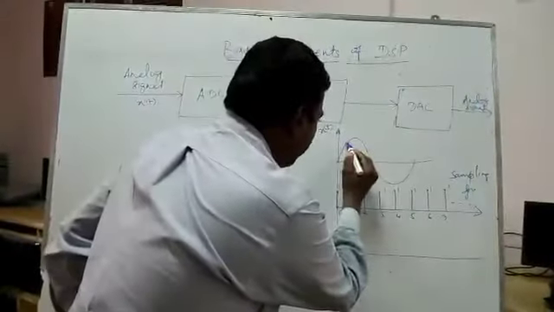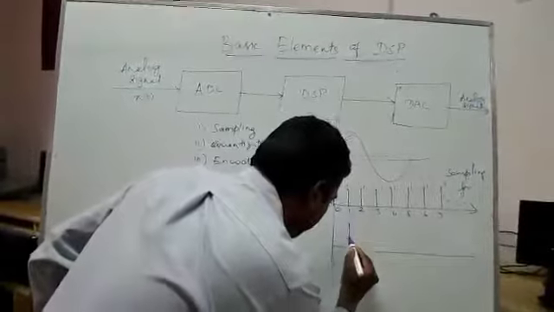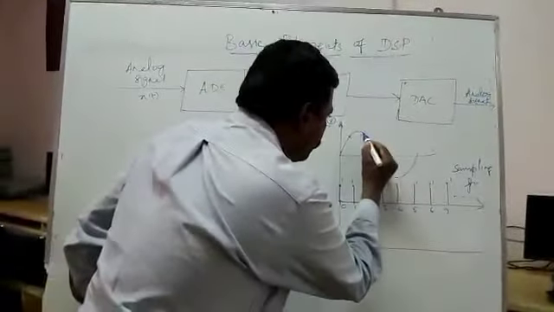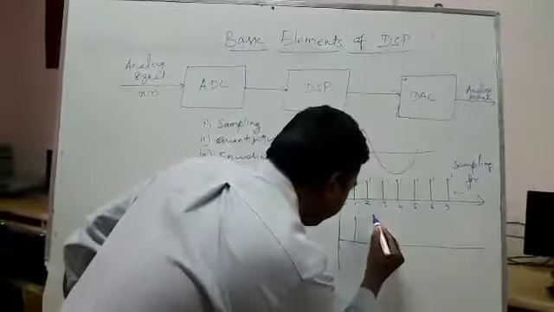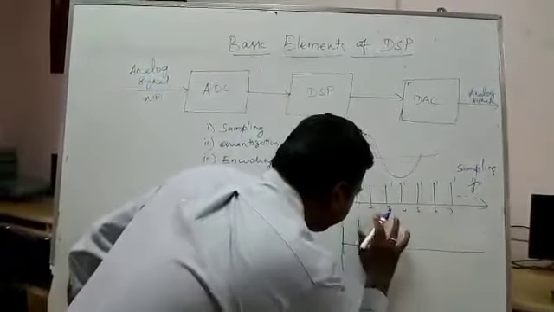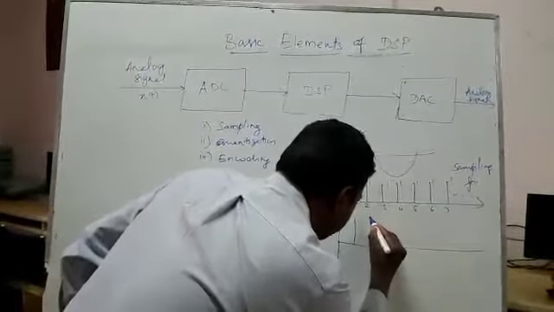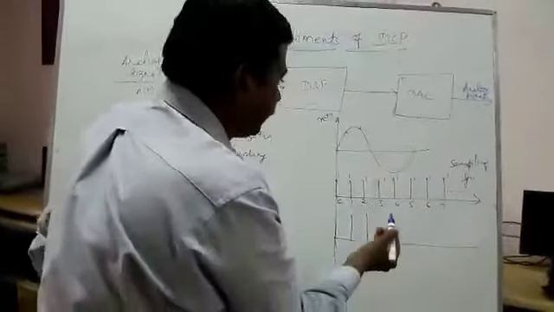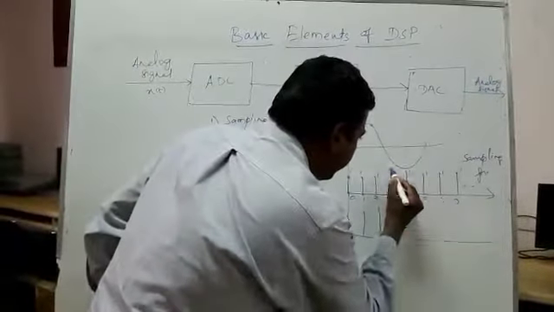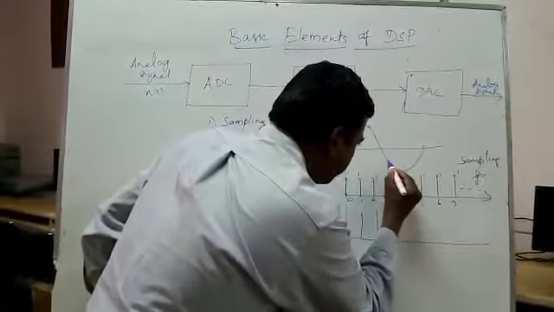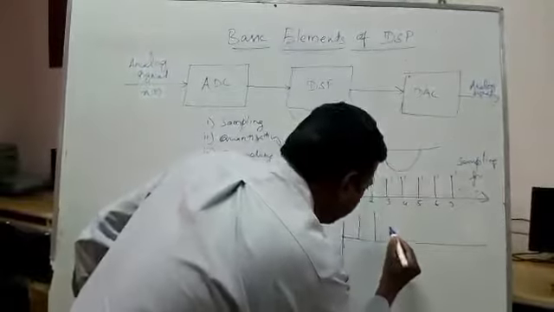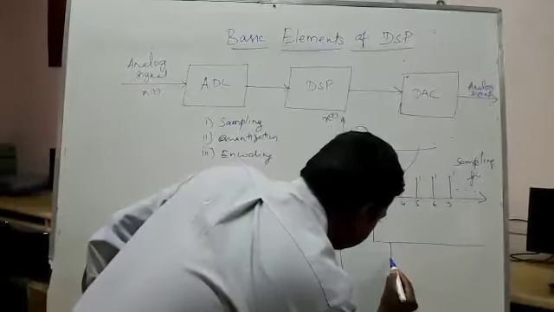So at n equal to 1, this is the amplitude. Similarly, at n equal to 2, this is the amplitude. The next amplitude will be traced out when n equal to 3. So this is the amplitude when n equal to 3 on the negative side.